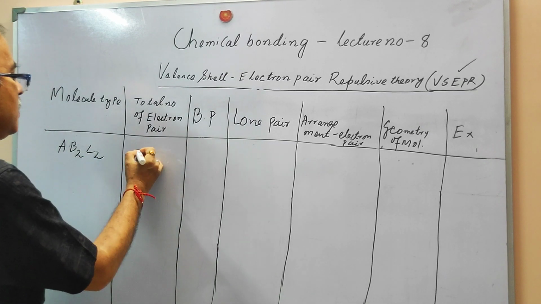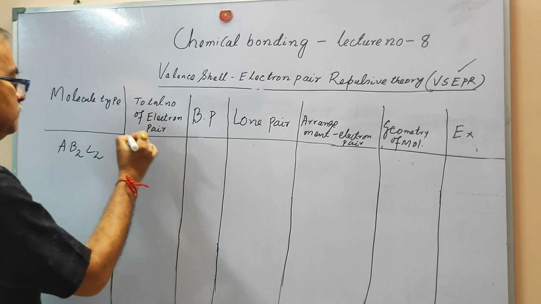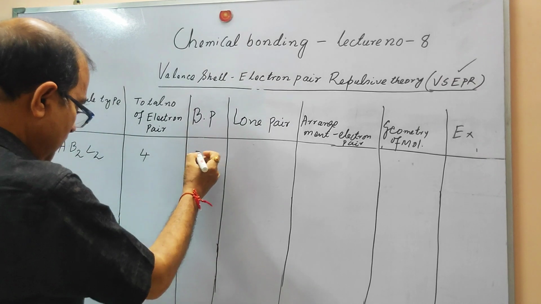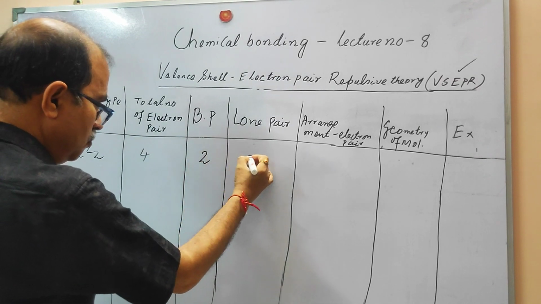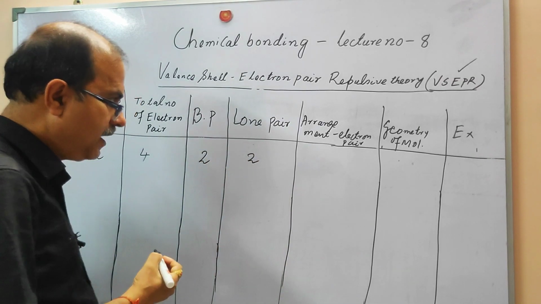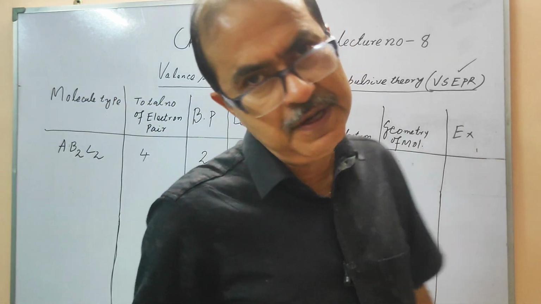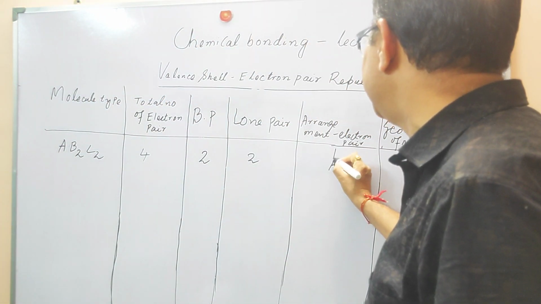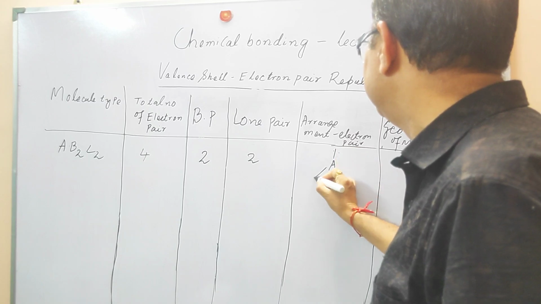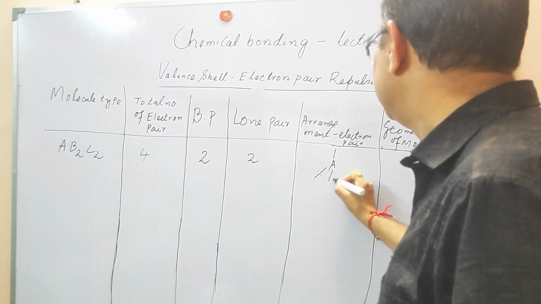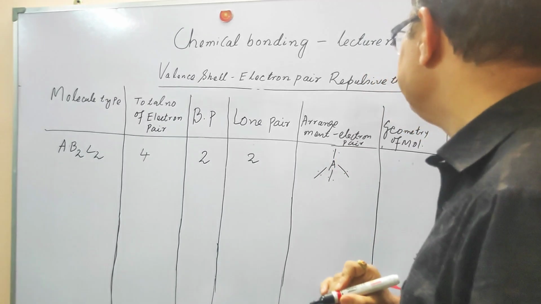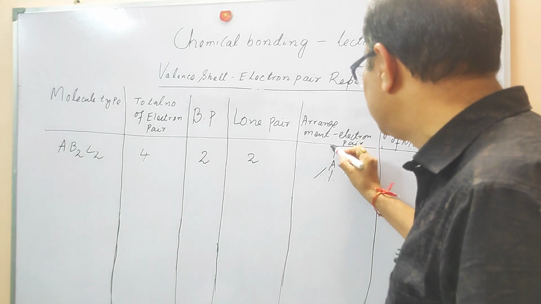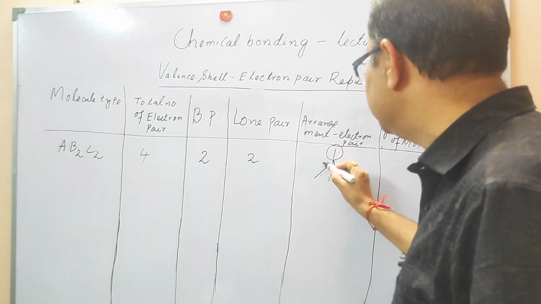In AB2L2, the total number of electron pairs is 4, the same. Here the bond pair is 2 and the lone pair is 2. At that time the arrangement of the electron pairs will be tetrahedral. But here there are 2 lone pairs of electrons, you can see.